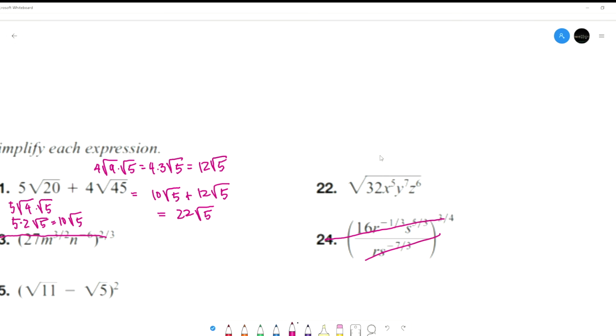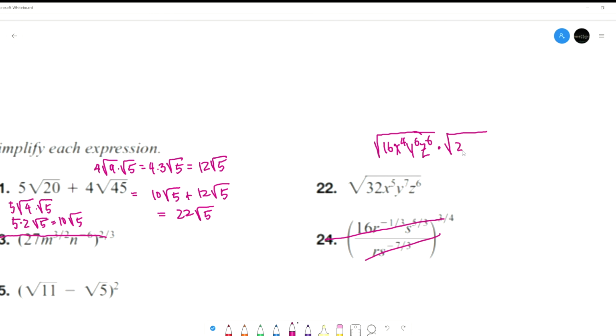Square root of 32x to the 5th, y to the 7th, z to the 6th. So, if you recall, this is basically just 16 times 2. So I'm going to separate these: radical 16, x to the 4th, y to the 6th, z to the 6th, times the remaining factors, right?